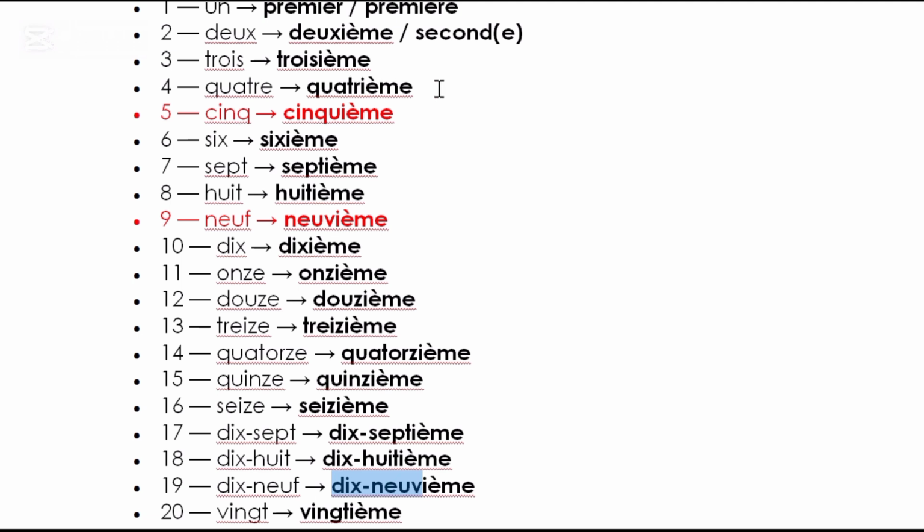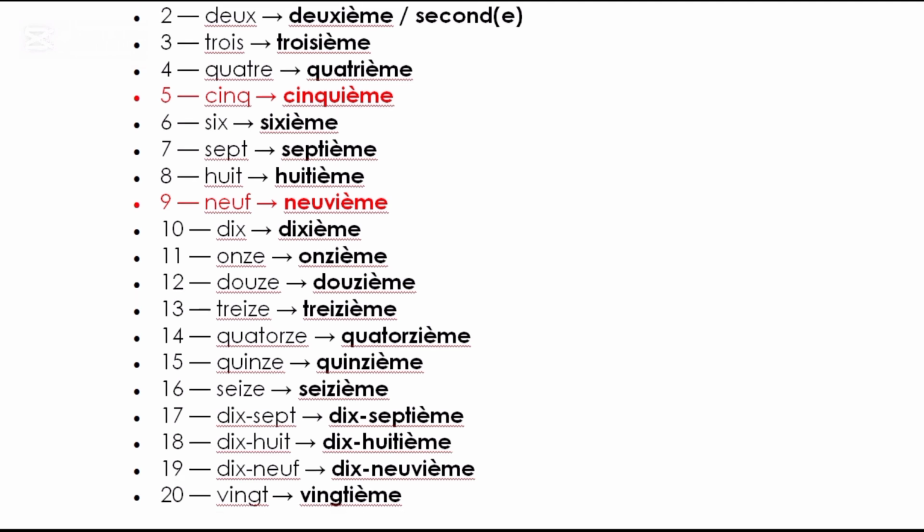Again, note the ones that are irregular: cinq becomes cinquième, you have to add this U. And neuf, the F changes to V. So that is it. Now, 17th will be 17e. 18th, 18e. 20th will be 20e. You just add ième.